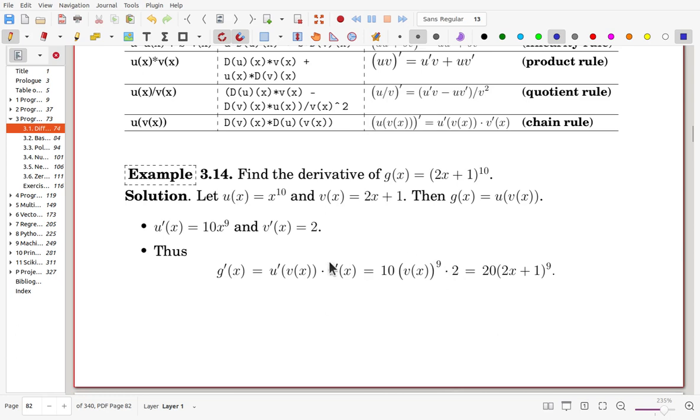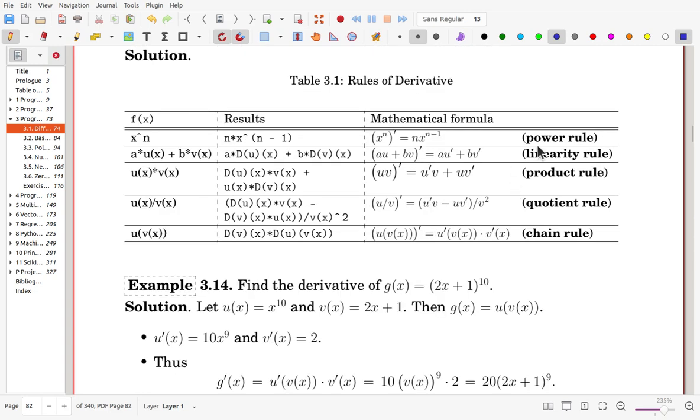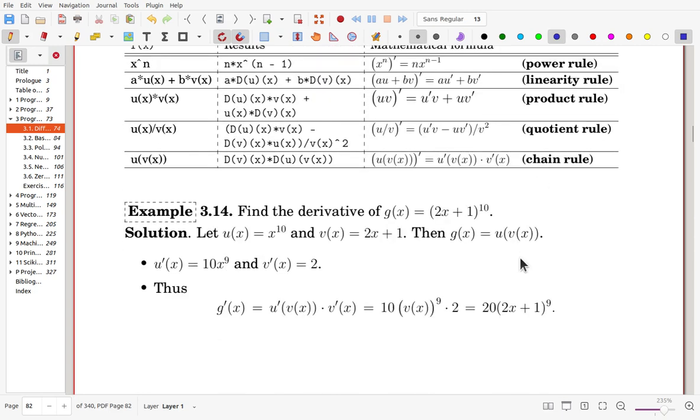Now we'll try to find the derivative of g of x, defined in this way. If you expand, it is a 10th order polynomial, so you may get the derivative by using the power rule. However, if you try to do that, it's way complicated.